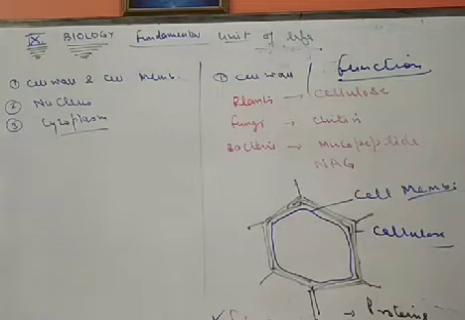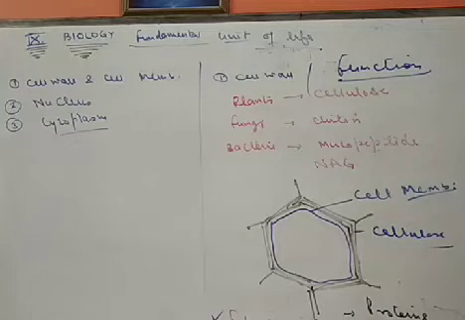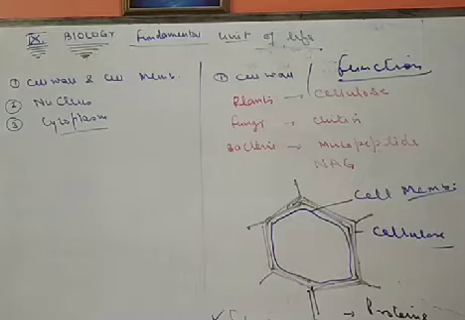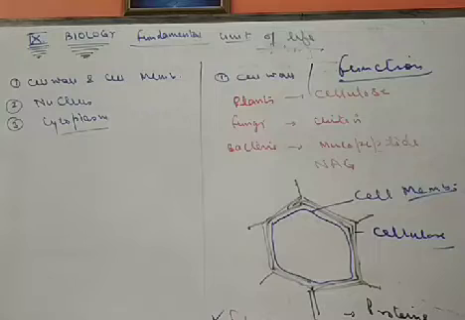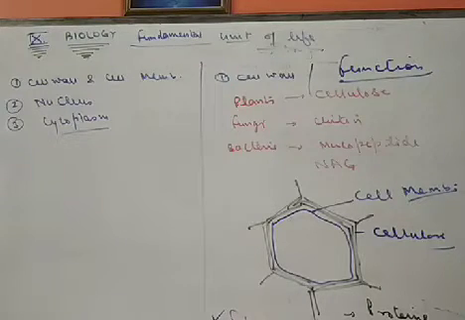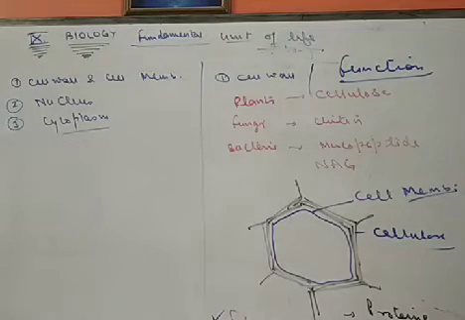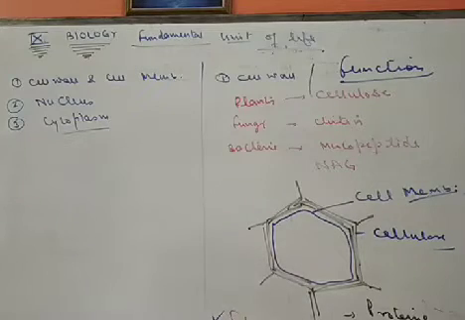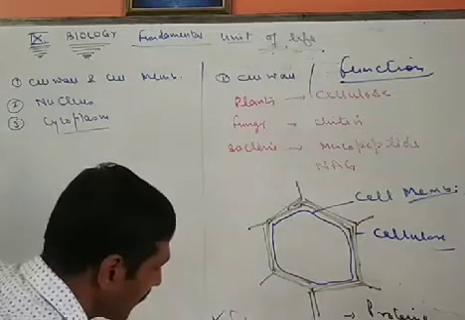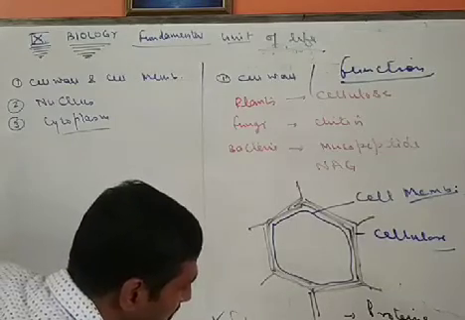If we talk about its functions, being living, it limits the entry and exit of various substances in and out of the cell, as it forms a semi-permeable or selectively permeable membrane for movement of substances in and out of the cell. Also, this membrane helps in taking food inside the cell through phagocytosis.